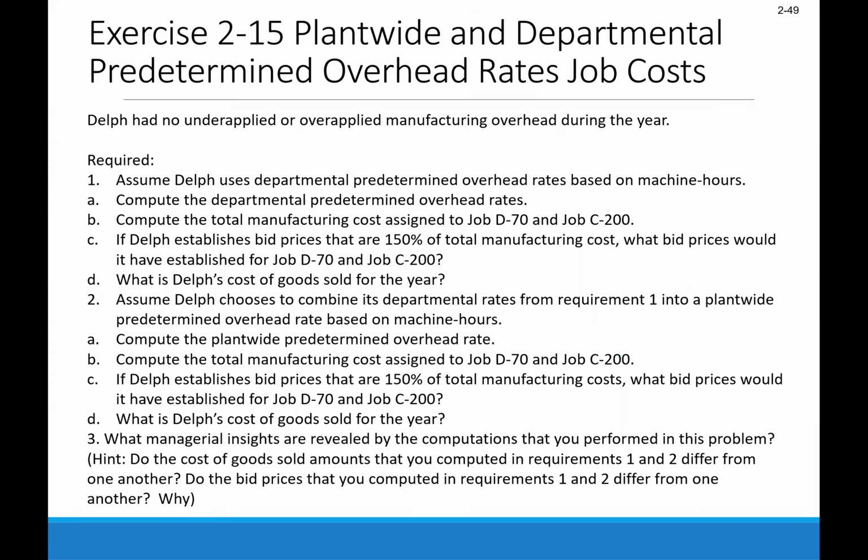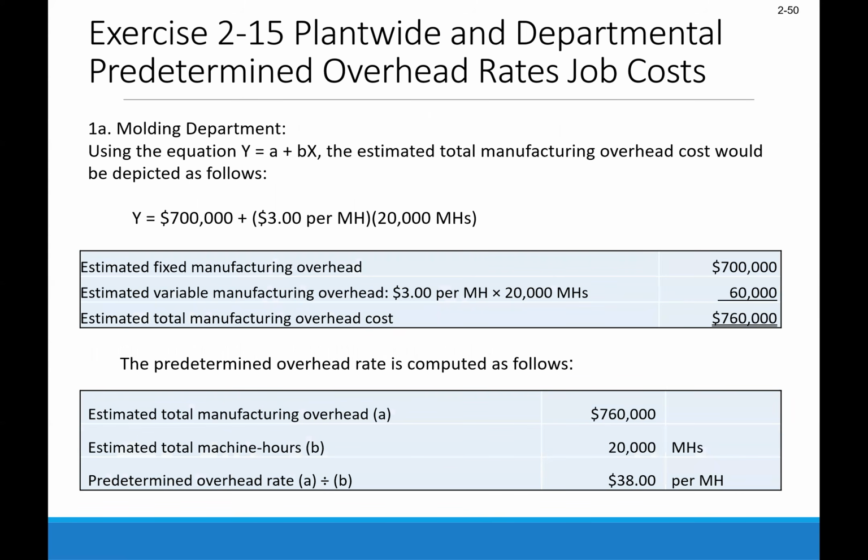We're going to compute the departmental predetermined rates. As you see here, it's going to be our 760,000 estimated manufacturing overhead, divided by our estimated machine hours to come up with $38 per machine hour in the molding department.